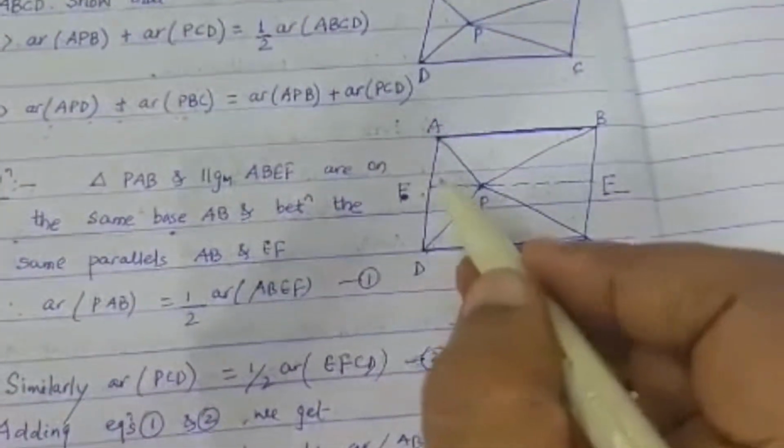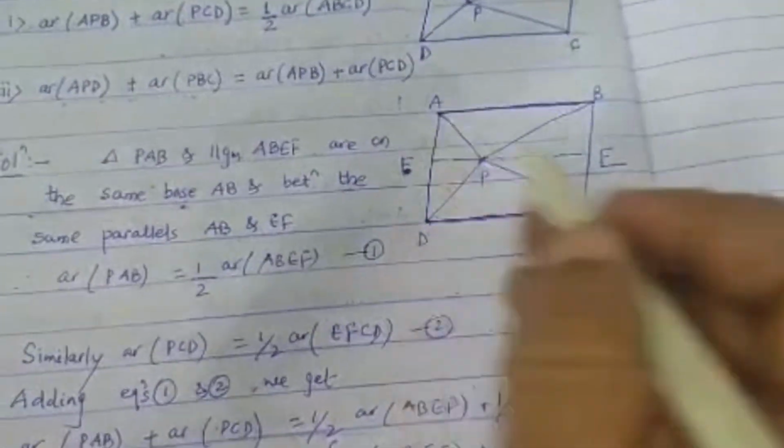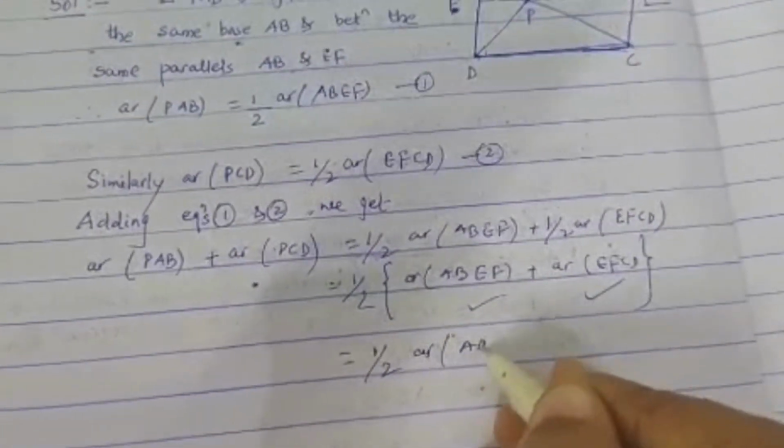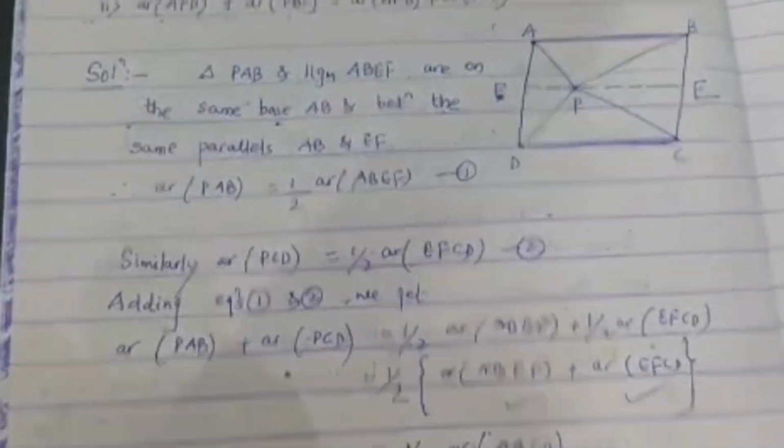Area ABEF and EFCD is basically parallelogram ABCD, that is equal to half of area ABCD. This is what we have to prove.